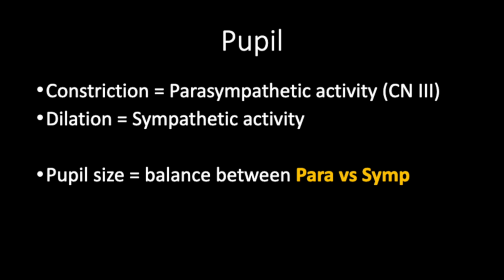Now the parasympathetic activity is controlled by the third cranial nerve. So if you cut the third cranial nerve, your patient would practically be dilated. Or if you actually just interfere with the third cranial nerve, your patient would have a blown out pupil.